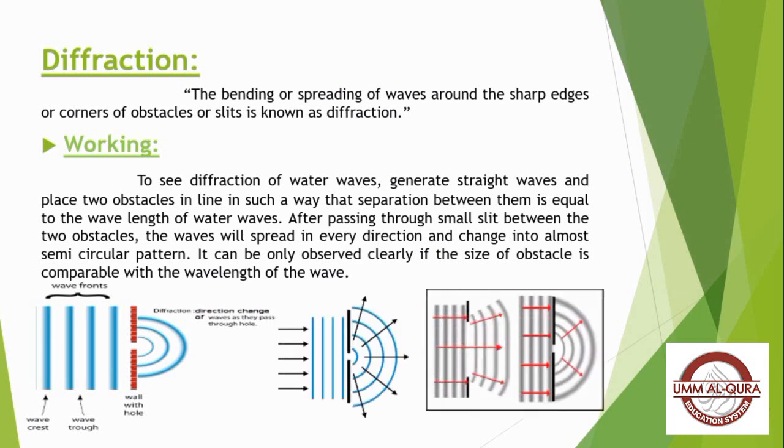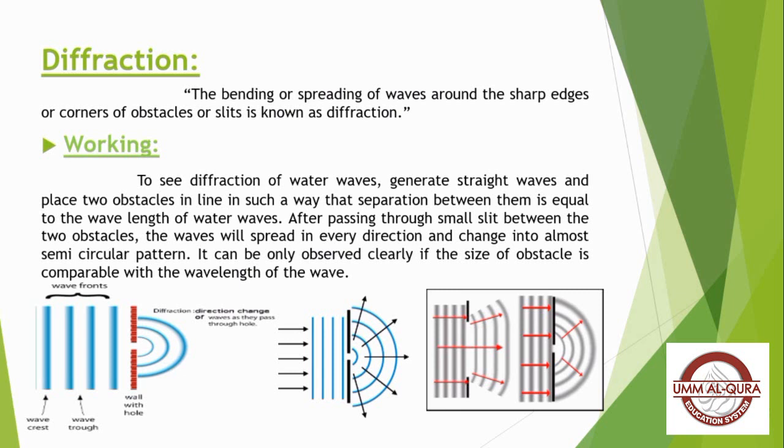You can see from the first figure, the blue portion is called the wave crest and the brighter portion, which is white, is called the wave trough. When we place an obstacle in their path, the waves will move around its sharp edges by following the slits. Similarly from the second figure, and similarly from the third figure.